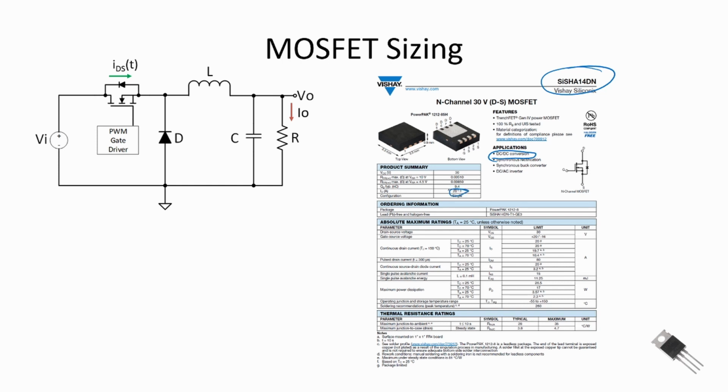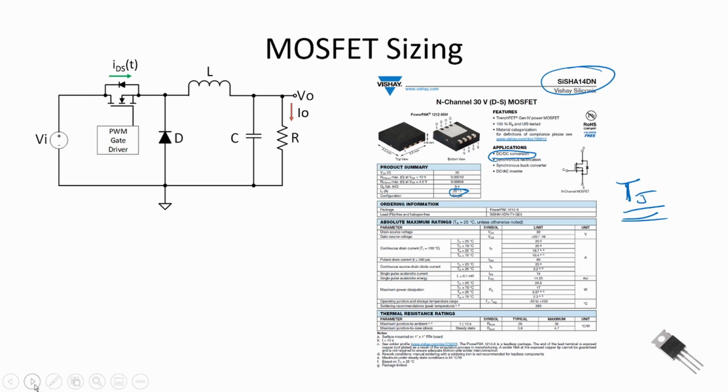But again, as we saw in the diode, we're going to have to dig into the details, because for all these devices, I've said this before and I'll say it again, it's our junction temperature that will determine whether or not the device is going to work in your design. If we can keep that junction temperature below the maximum value in the data sheet, then the device will be sized properly. Let's dig in a little bit more.